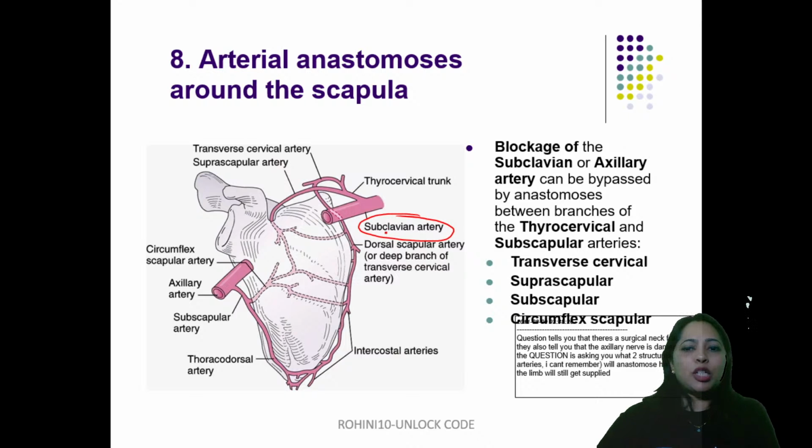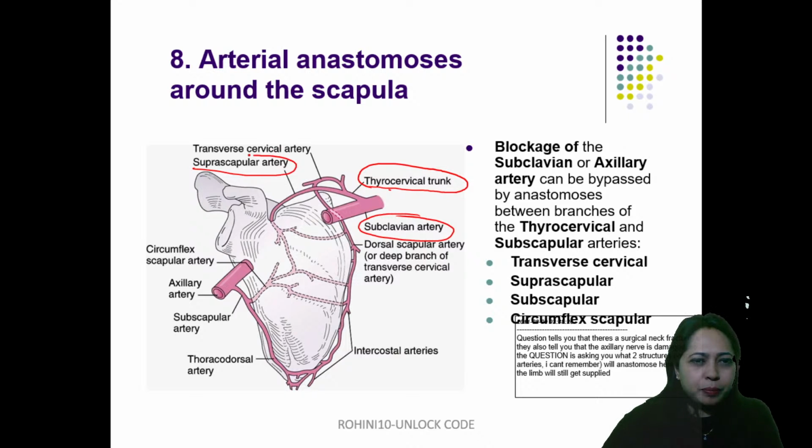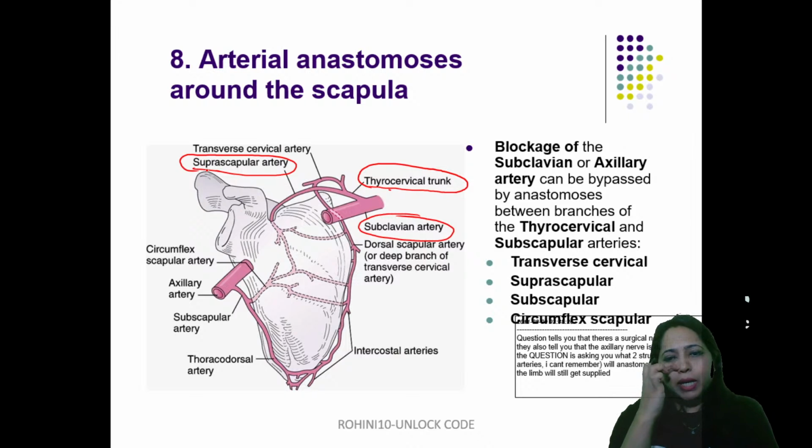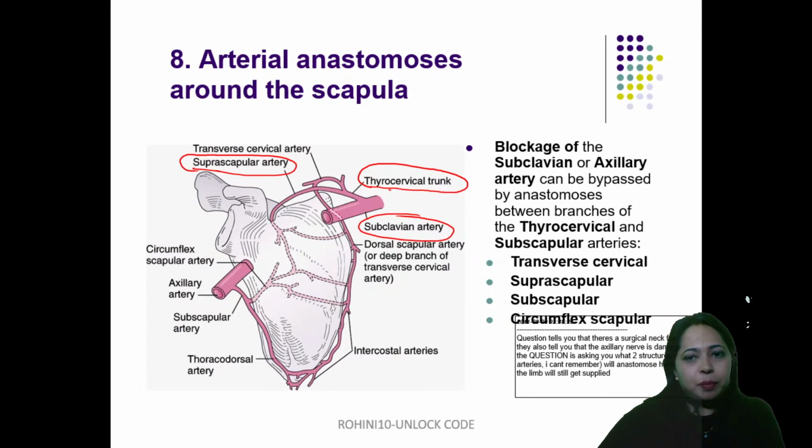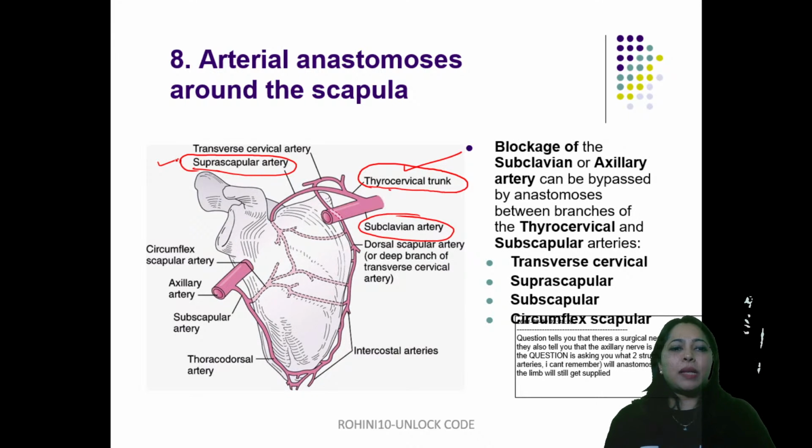Okay, it anastomoses with the branches of the thyrocervical trunk and subscapular artery. All right, so with blockage of the subclavian or axillary artery, you can always bypass it by anastomosis between the branches of the thyrocervical and subscapular artery. All right, so that is something that you can do.